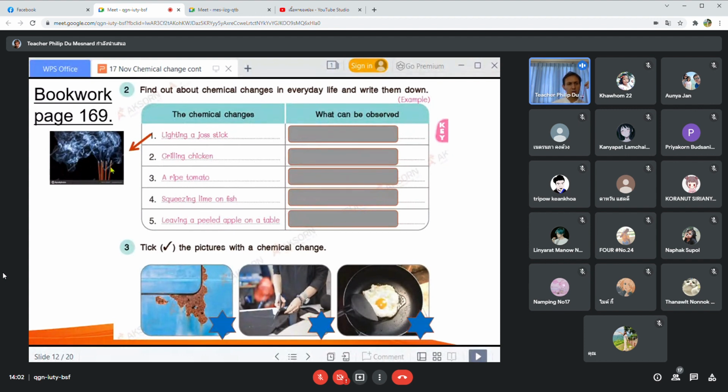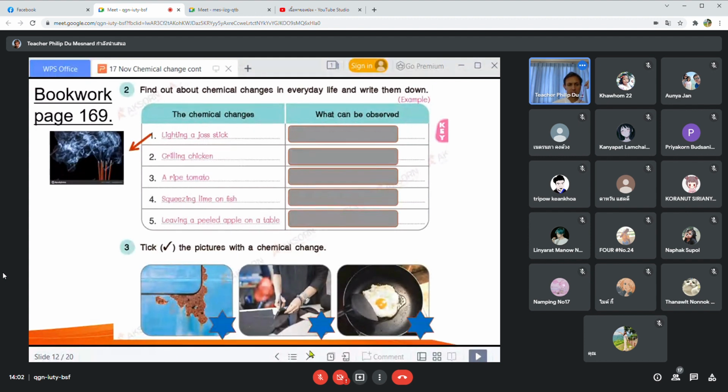I think you use it a lot when you pray or when you do Buddhist activities, a lot in Thailand. So I would call it incense. Okay, so the first one is not a candle.